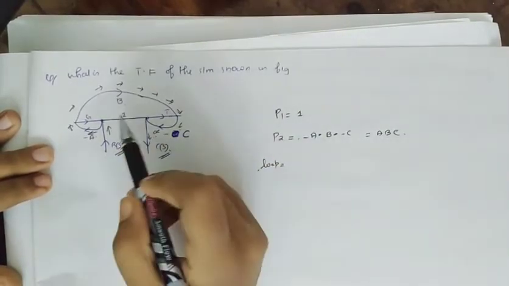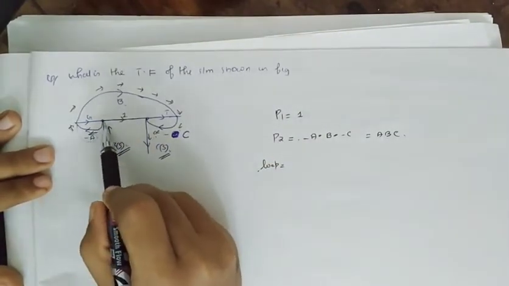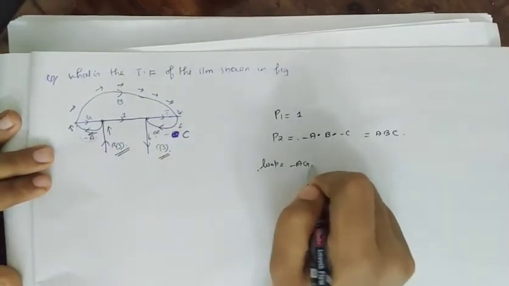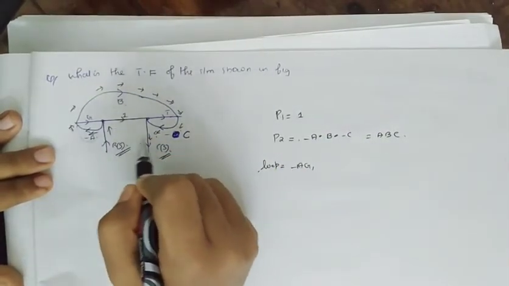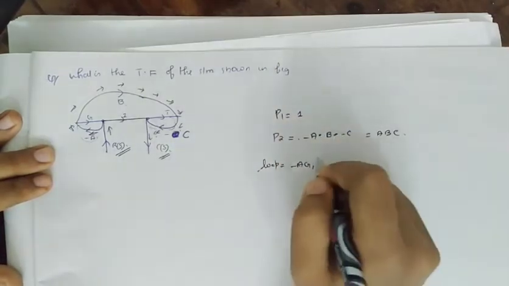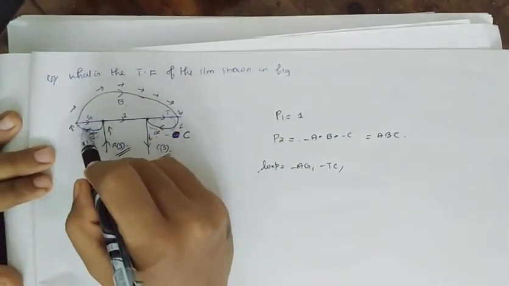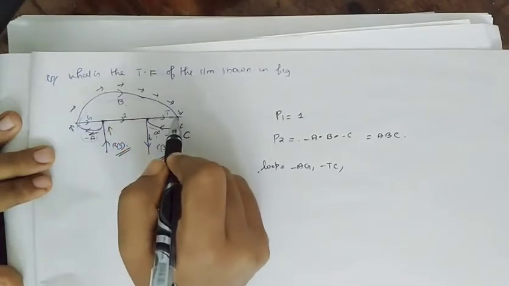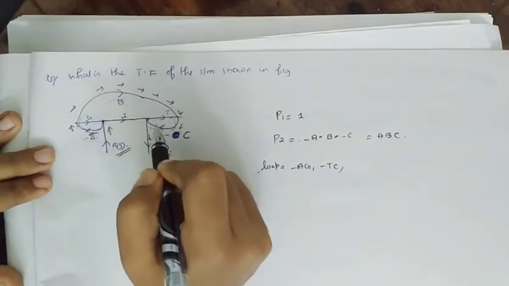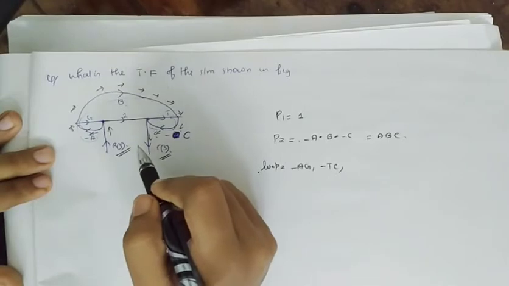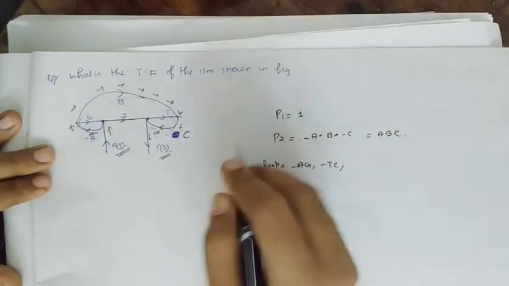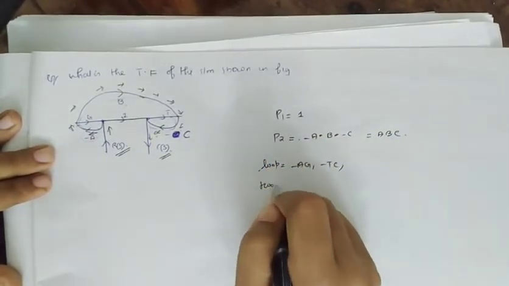We'll find out loop gains. First loop is A into G, minus AG, and next one is minus TC. No, there are no other loops, right? And two non-touching loops are there.